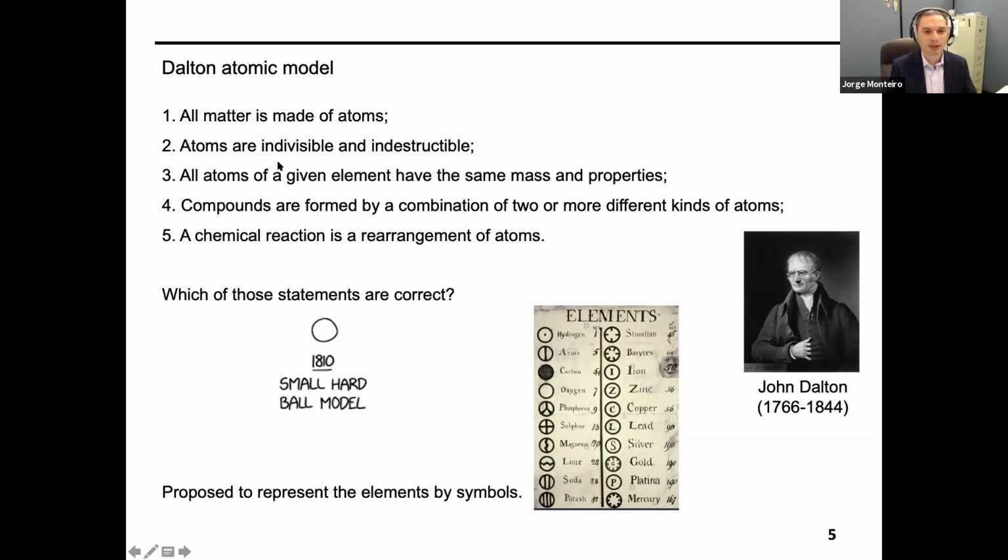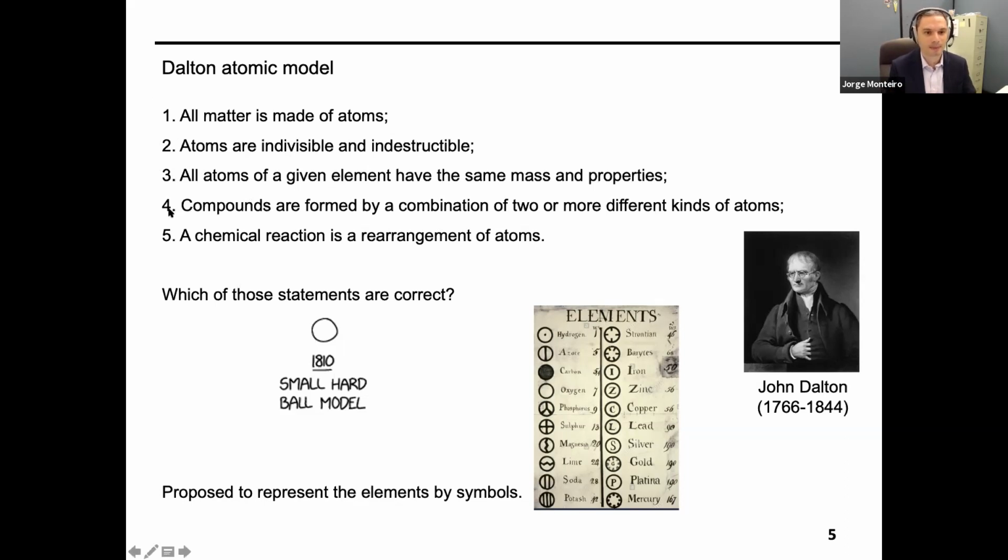Second point, atoms are indivisible and indestructible. Third point here, all atoms of a given element have the same mass and properties. So therefore, the mass of an element was the characteristic of the element.